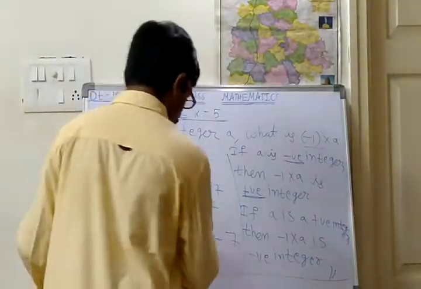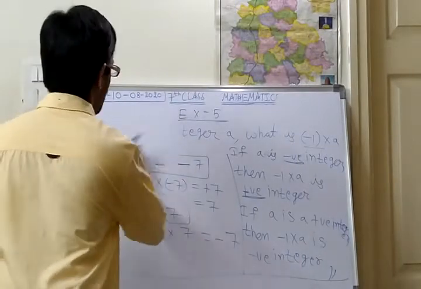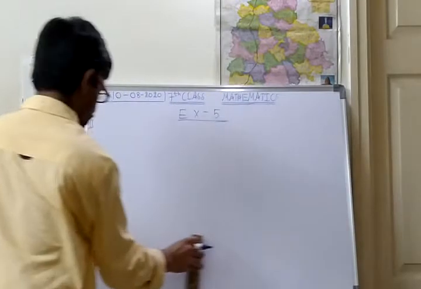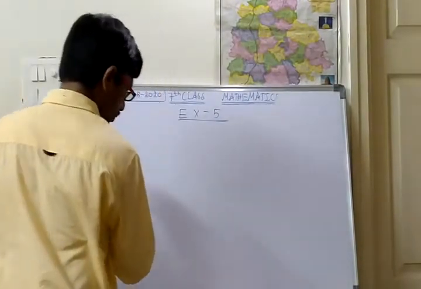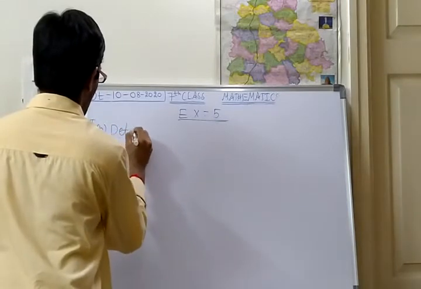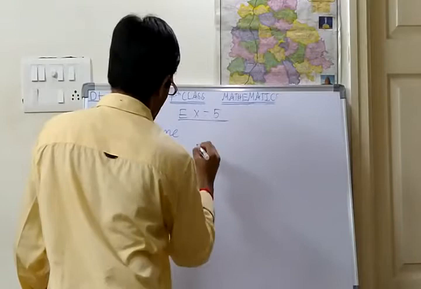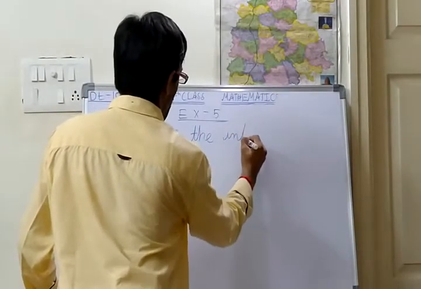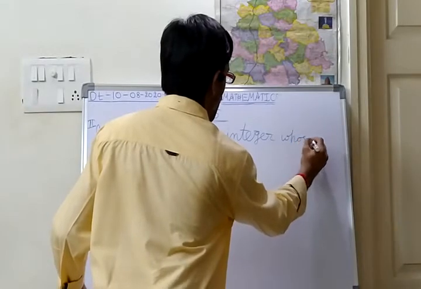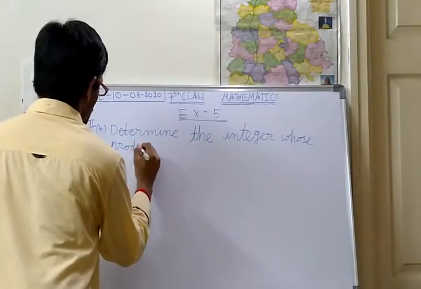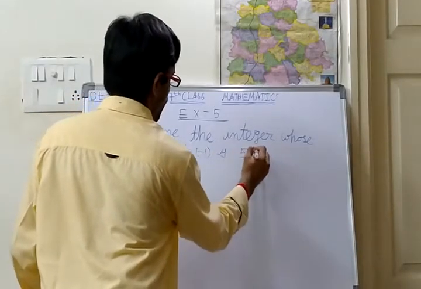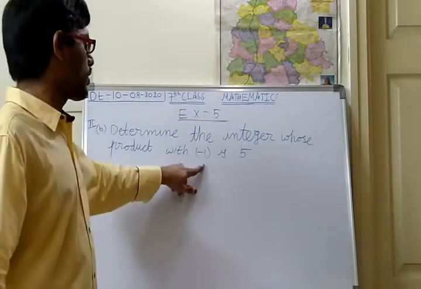Now we shall go with one more problem. Next, B. Determine the integer whose product with minus 1 is 5.